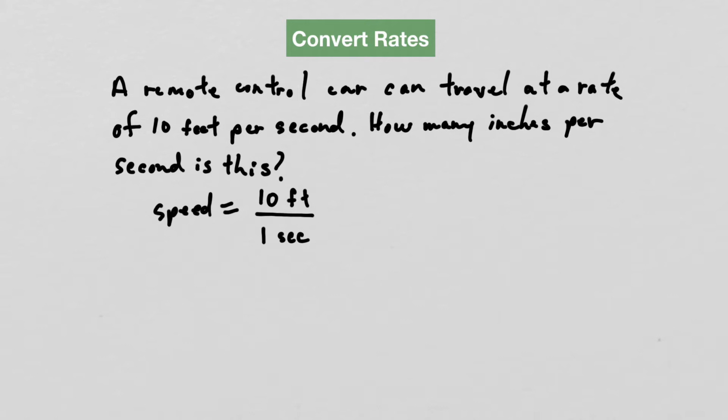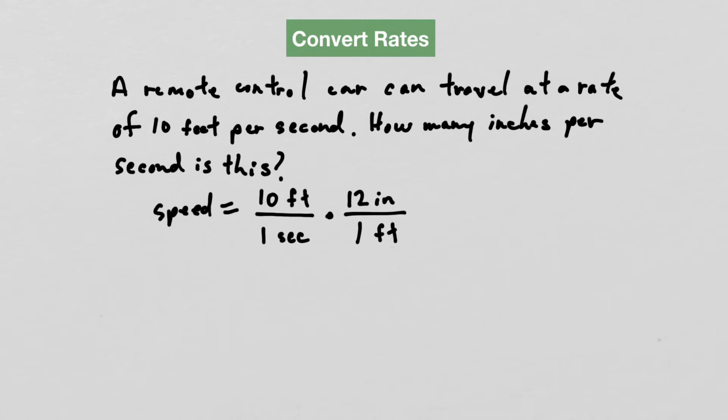So what we're going to do is multiply this ratio by 12 inches per 1 foot. Now, watch what happens. We're going to multiply the numbers together, but the unit measures will also cancel out.